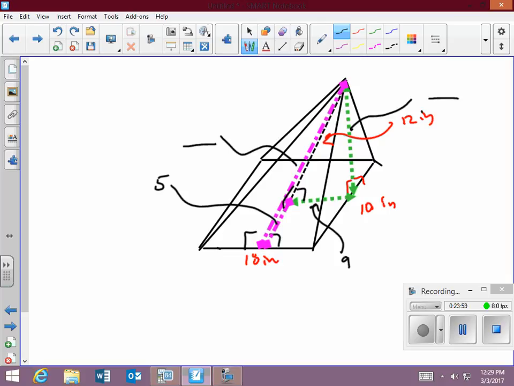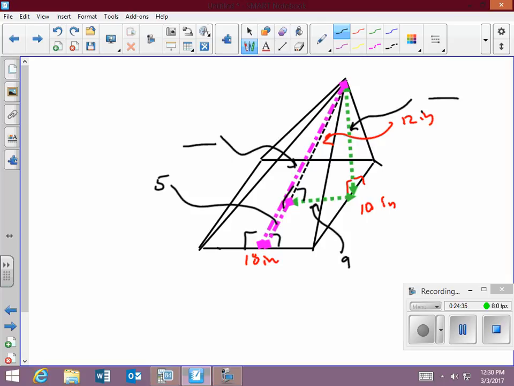So we're going to calculate the size of the one side triangle and then the other two surfaces, because there are two surfaces that have 10-inch bases and two surfaces that have 18-inch bases. We need this purple line for the 18-inch base and this green line for the 10-inch base.